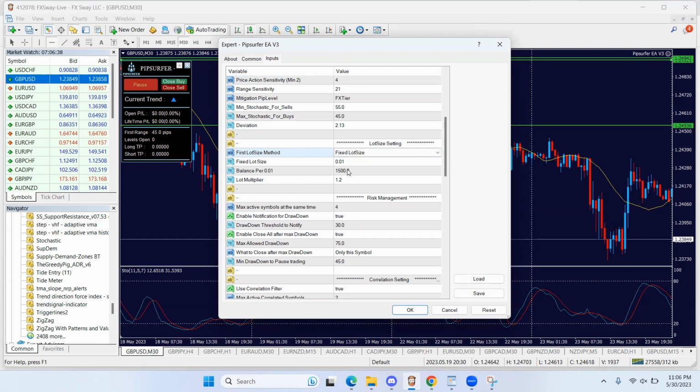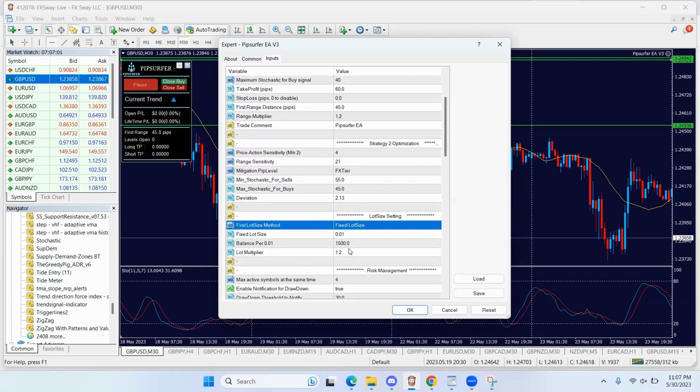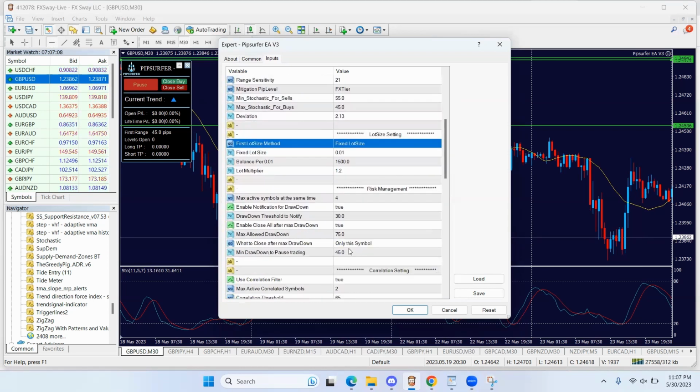The default setting is 1,500, so the starting lot size would be 0.1 for every 1,500. Once you get to 3,000, it would start to look for 0.2 as a starting lot size. And then a lot multiplier would coincide with your levels. So at level 1, level 2, level 3, every level, the lot size will be multiplied by 1.2 to get the lot size that it's going to open with.